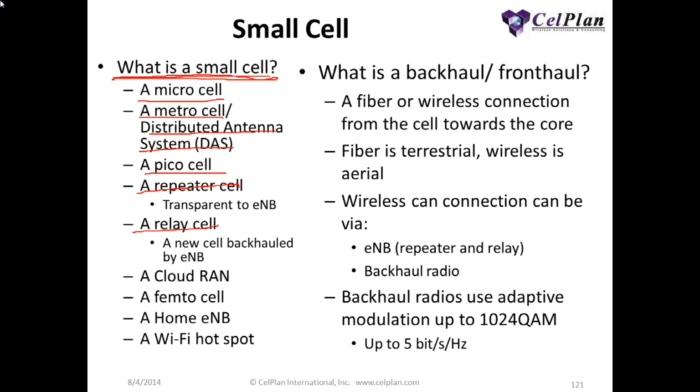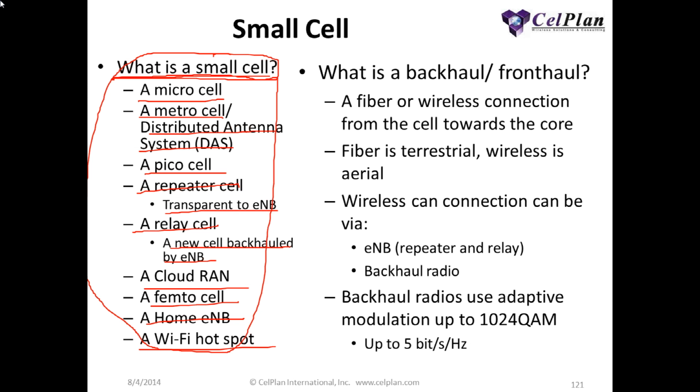The difference between repeater and relay is that the repeater is transparent to the eNB, while a relay sends its information using the eNB as a backhaul. A cloud RAN, a femtocell, a home eNB, or a Wi-Fi hotspot, all of those are small cells and have to be designed inside the network.